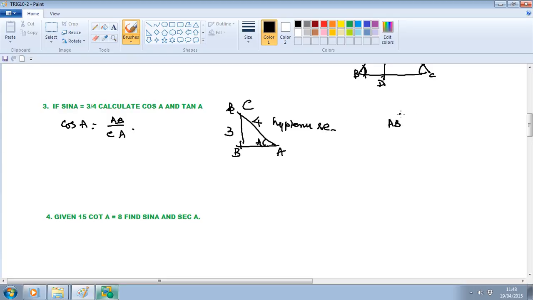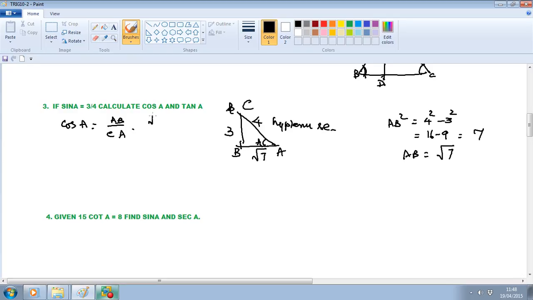AB square is equal to hypotenuse square, 4 square, minus BC square, 3 square, is equal to 16 minus 9, which is 7. So AB is equal to root 7.